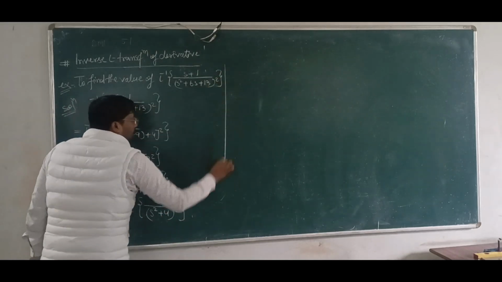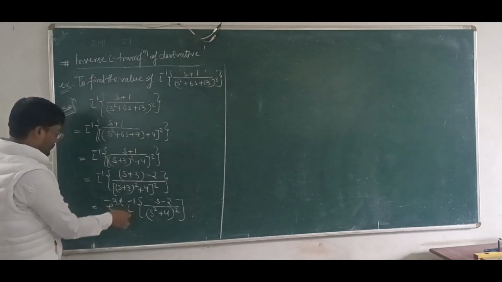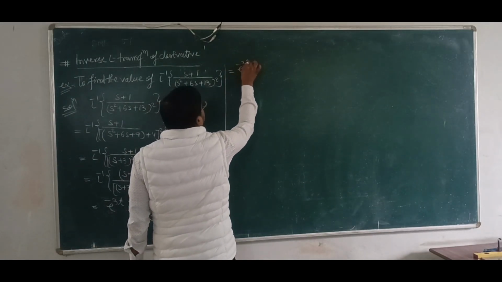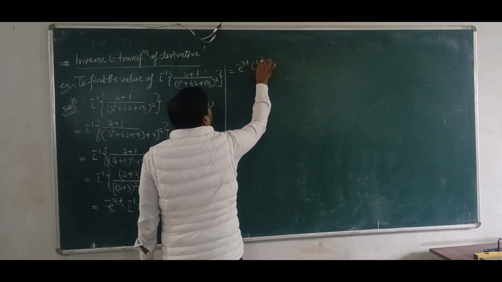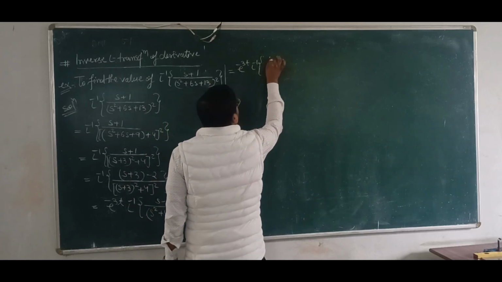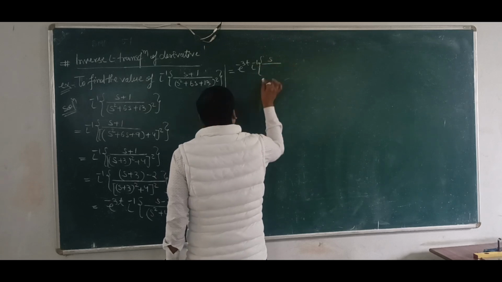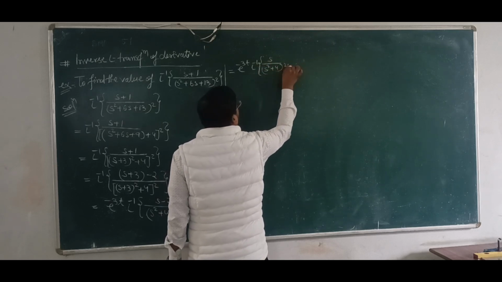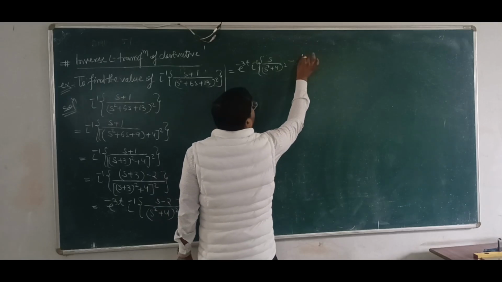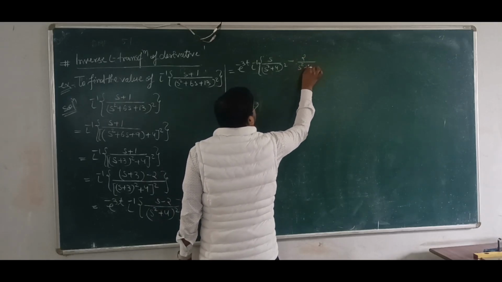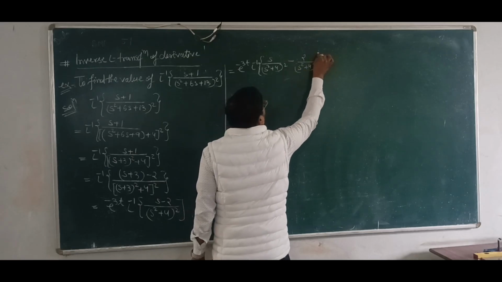Now you can write e to the power minus 3t inverse Laplace of s upon (s square plus 4) to the power 2 minus 2 upon (s square plus 4) to the power 2.